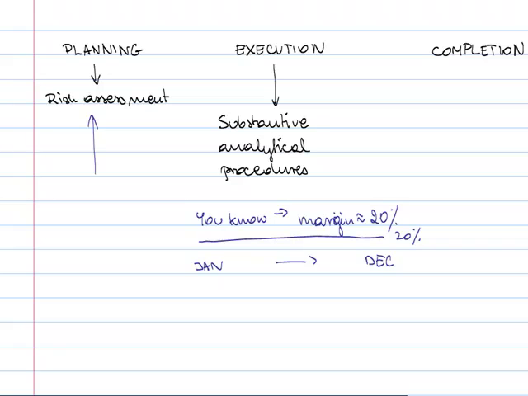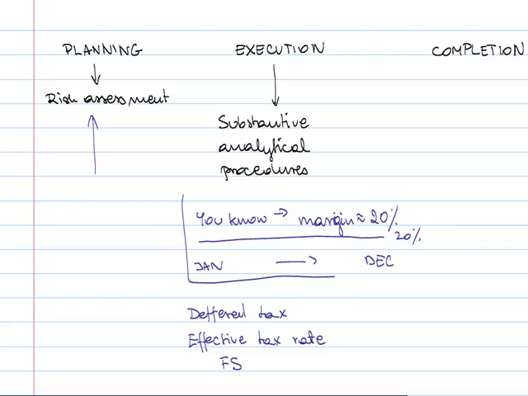One of the most common tests for the appropriateness, the correctness of the calculation of a deferred tax is the calculation of effective tax rate. That is all financial statements tax charge, both deferred and current, divided by financial statements gross profit.